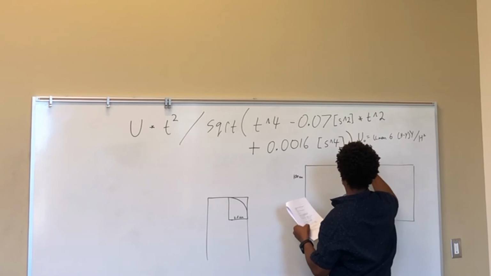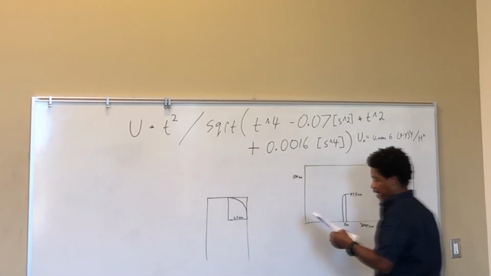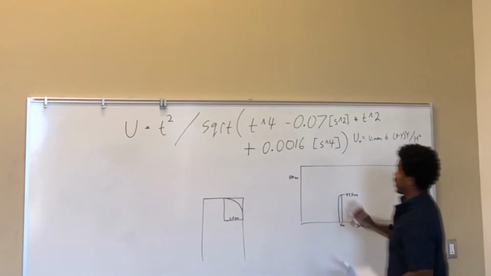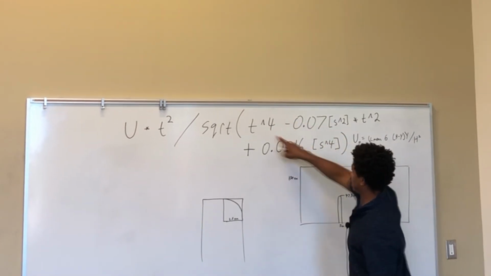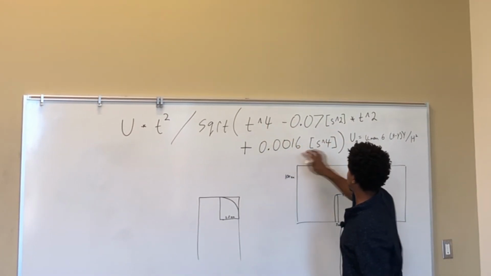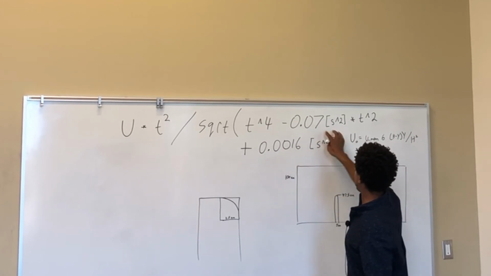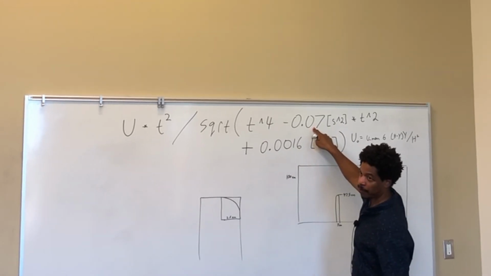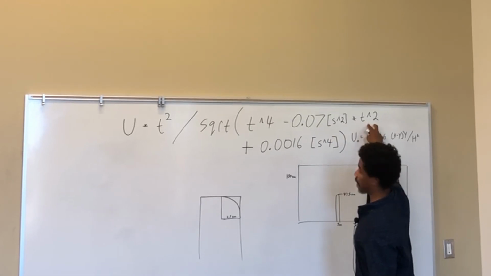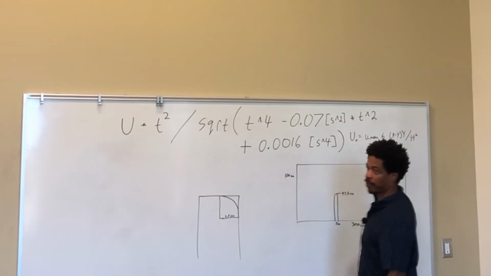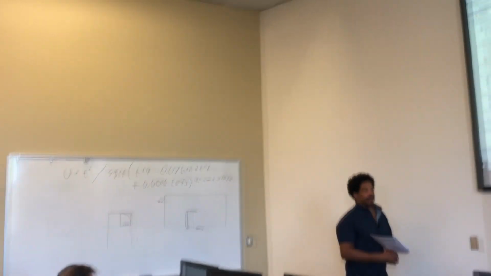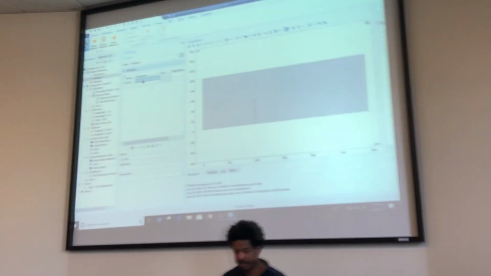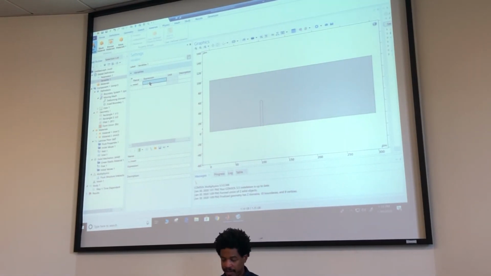And then parentheses. That parentheses goes with the square root. So all that's under the square root. So this whole thing right here has units of seconds to the 4th power. So that's why you have this for that number, and you have this for that number. Because that's going to be multiplied by seconds squared. So then you're going to have seconds to the 4th there, too. Okay, so that needs to be typed in for this profile. Again, you could have chosen a better or easier one, but this example is using this.